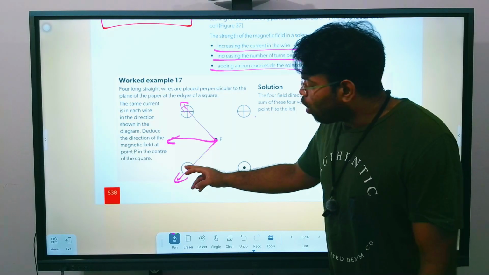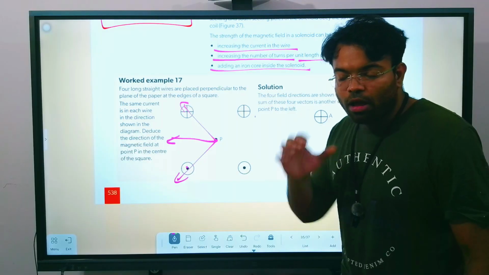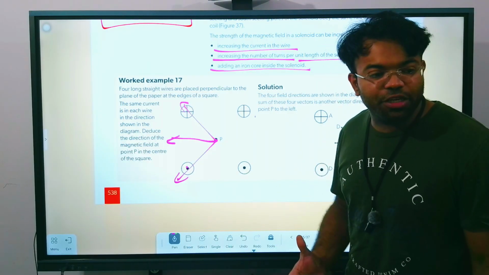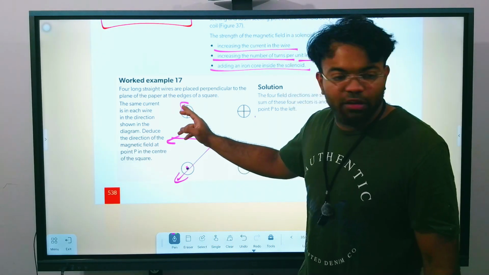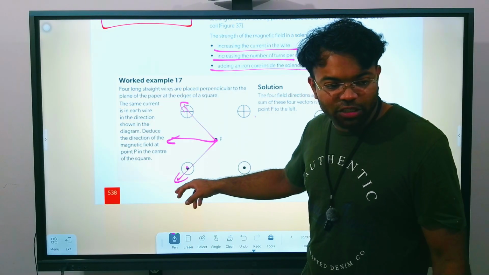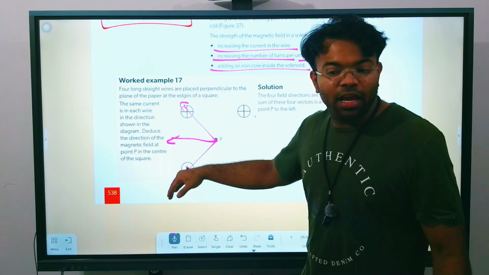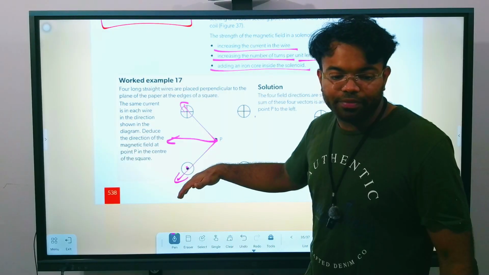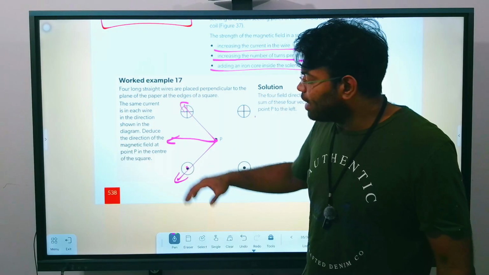So all the four wires are producing magnetic fields having the same magnitude, but the only thing that is changing is the direction. There are two magnetic fields in the upward direction, two magnetic fields in the downward direction. And what are they doing? They're adding up, right?